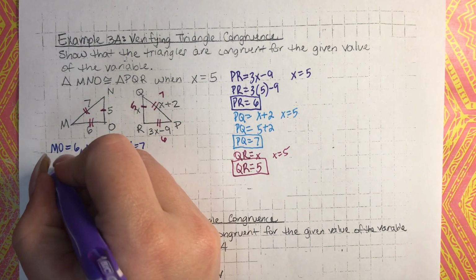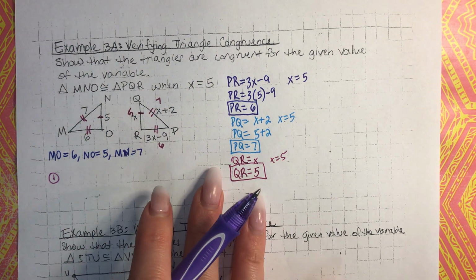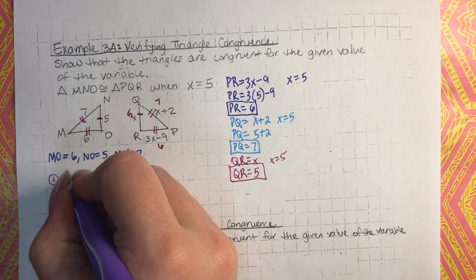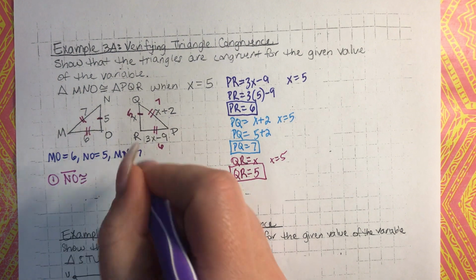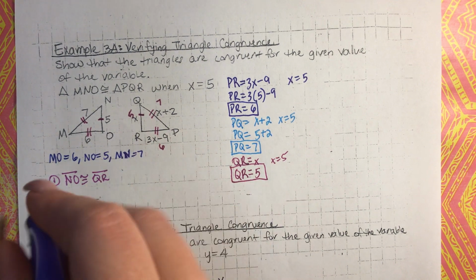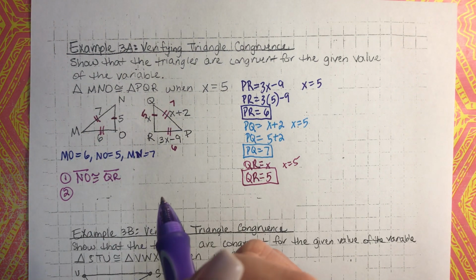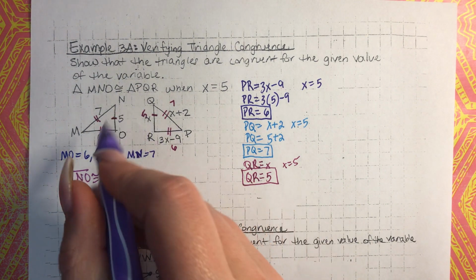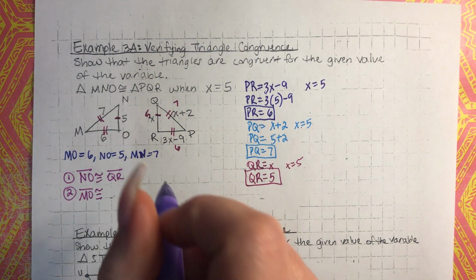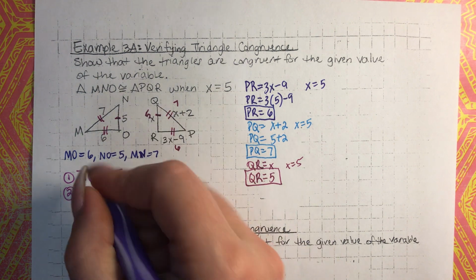So the first thing we're going to say, remember we just need 3 pieces of information. So let's go ahead and say that line segment NO is congruent to QR. That's the first thing. The second thing would be, let's go with the 6. MO is congruent to PR.